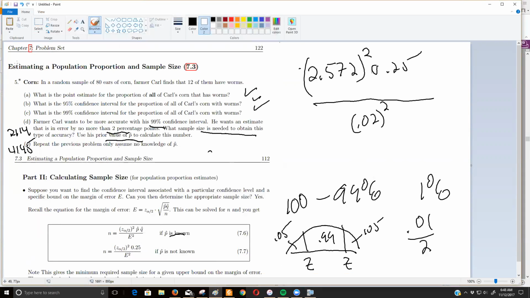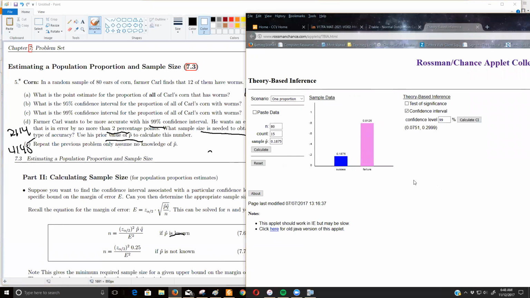Yep, that's true. That's true. So what would happen, and this is an add-on, but it's what the next question, 6, asks you at the end. What would happen if Carl went out, got a sample of 80 ears, and he found out, let's see, what was my interval? I didn't write any of those down, did I? What would happen at the 99% level if Carl went out, picked 80 ears of corn, and found that only 5% of them had earworms, had worms in them?